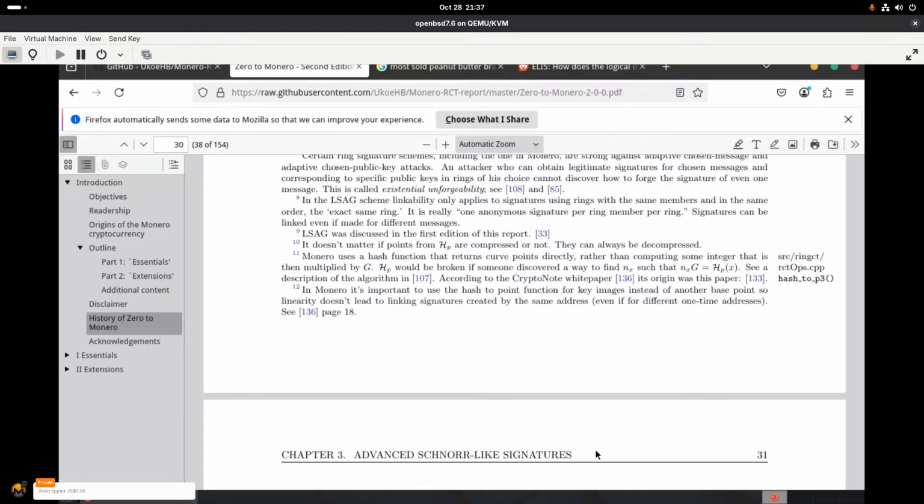See a description of the algorithm in [107]. According to the CryptoNote white paper, its origin was in this paper. In Monero, it's important to use the hash-to-point function for key images instead of another base point, so linearity doesn't lead to linking signatures created by the same address, even for different one-time addresses.